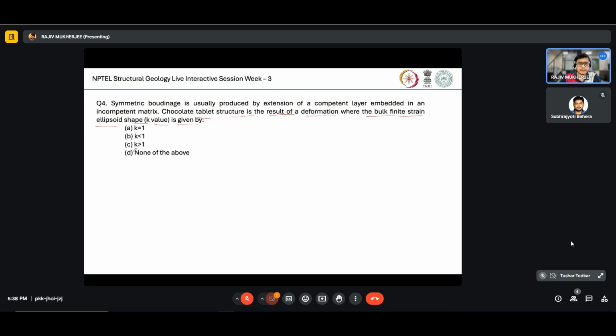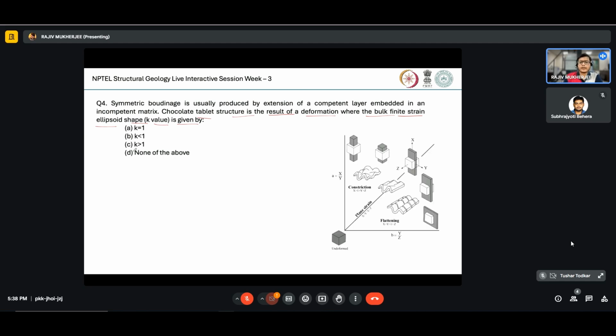So if we see the Flinn diagram, we will see that the plane strain condition has k equal to 1. The constriction field has generally k greater than 1, and for flattening we have k less than 1.